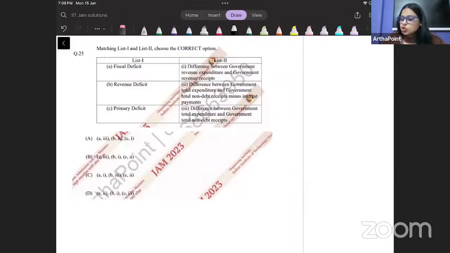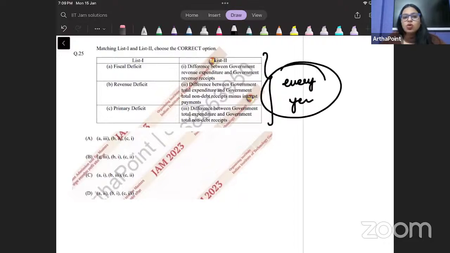So beta, this is a short question in every year's paper. Every year you will get a question on deficit and you have to know this question very well. तो ध्यान से देख लेते हैं. When I talk about fiscal deficit, it is always total expenditure minus total revenue.